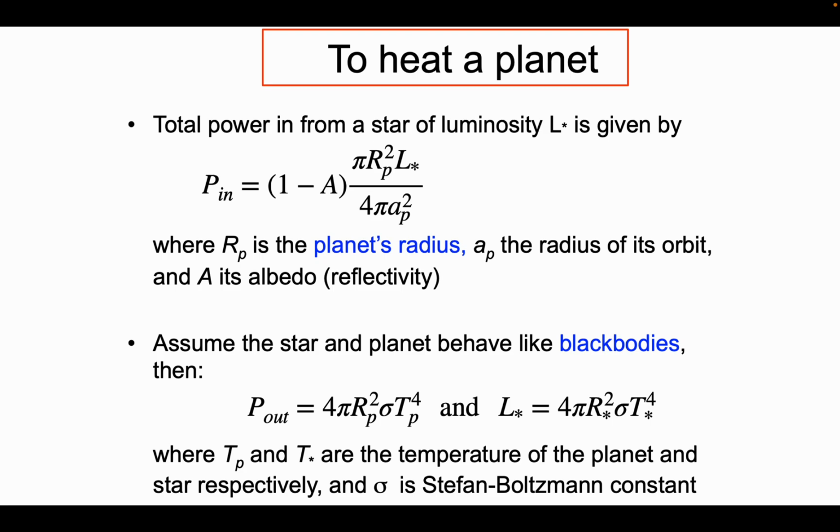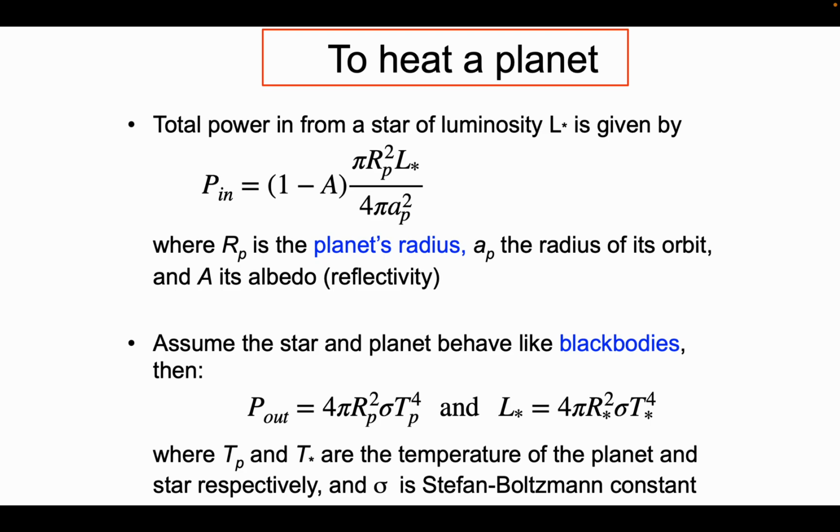Albedo is the reflectivity of the planet; it is the measure of what amount of light is falling on the planet from the star versus what amount of light is reflected away from the planet.